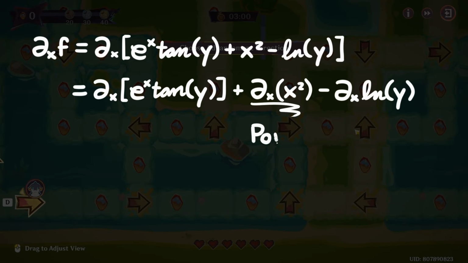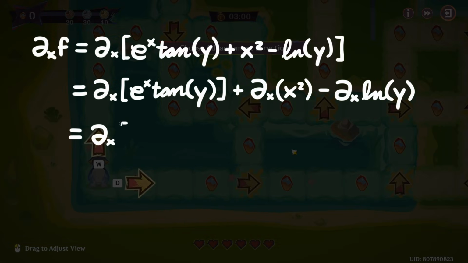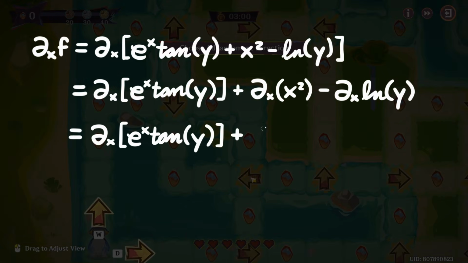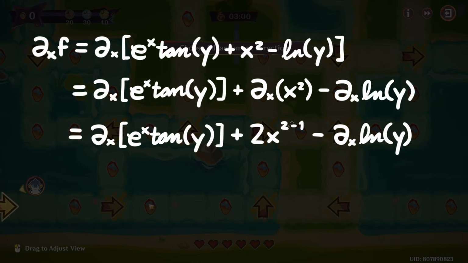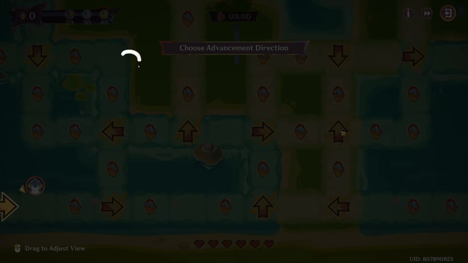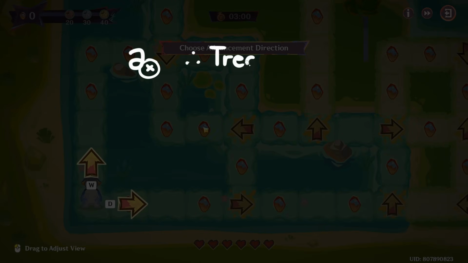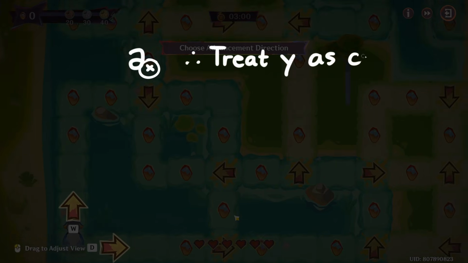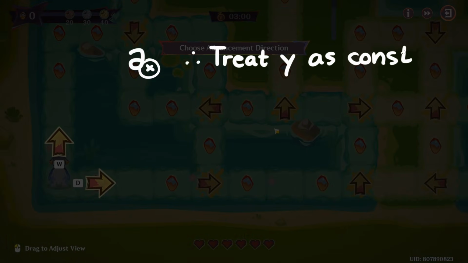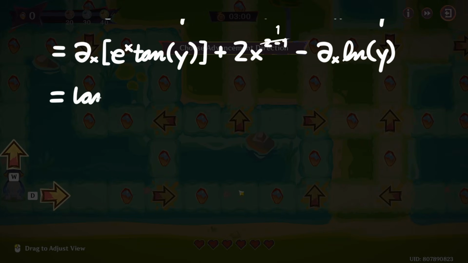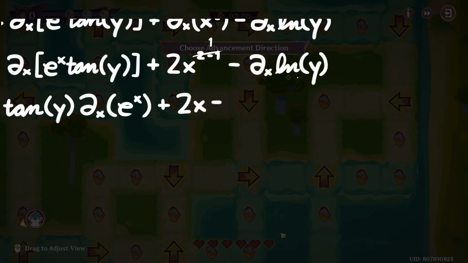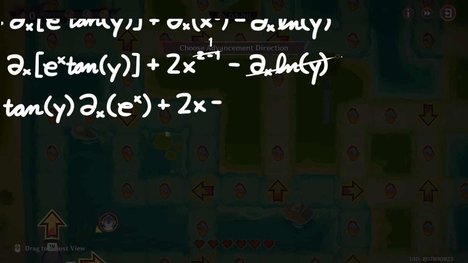For the second term, we differentiate ordinarily. For the other two, remember that the variables that aren't x are assumed to be constant. This means that tan of y and ln of y are basically like constant values. So on the first term, we can factor out tan of y, and on the third, it's equal to 0.